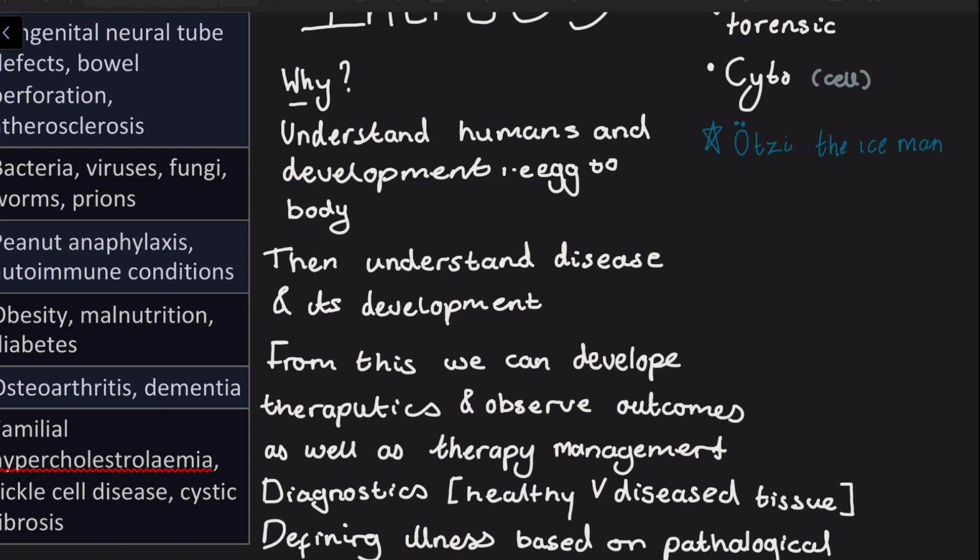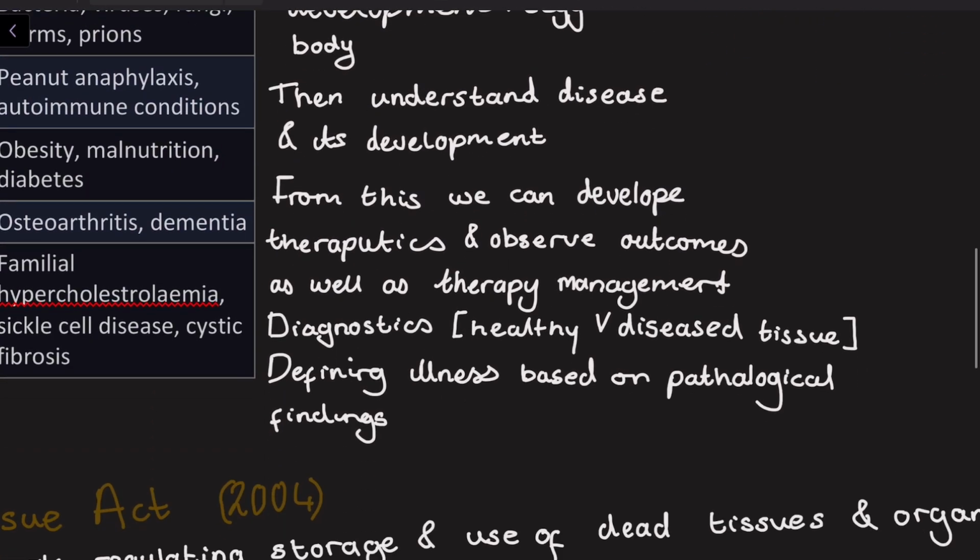When we understand how the disease develops, we can then develop treatments and therapeutics for them. When we develop treatments and therapeutics, we can then observe the outcomes, so we can compare healthy tissues to diseased tissues to treated diseased tissues and see how they change. And because of all these stages, we can then define illnesses and disease based on pathological findings.